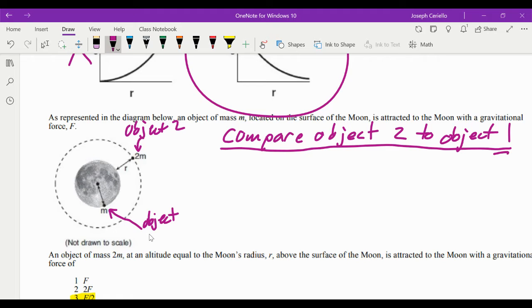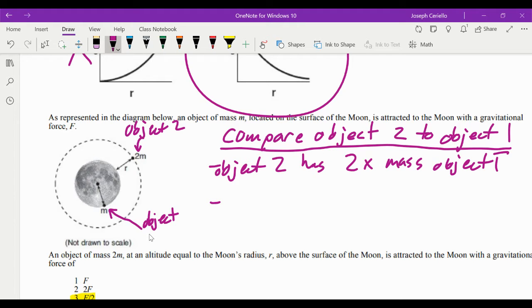First, let's look at their masses. How do their masses compare? Hopefully you notice that object 2 has 2 times the mass of object 1. Let's see what else we know. Let's look at their distances.